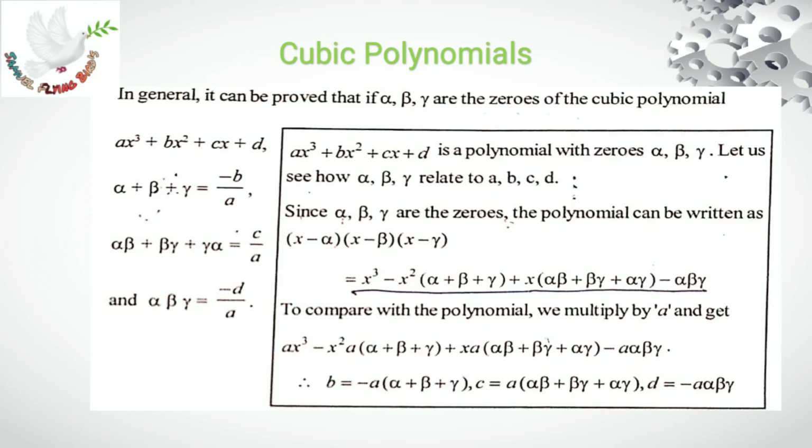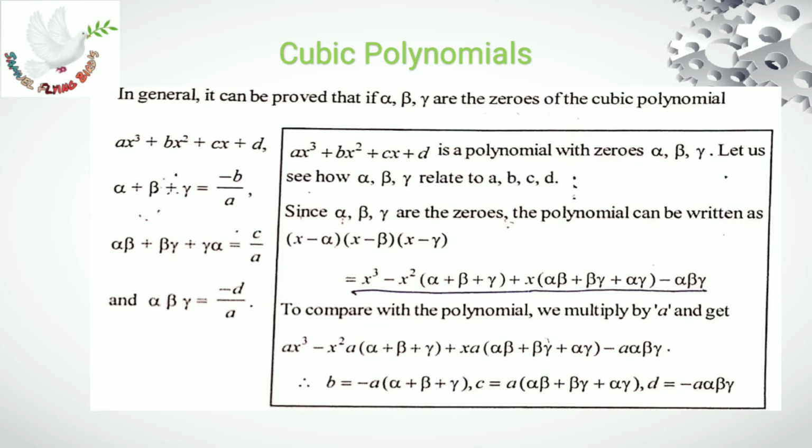Expanding, we get x cube minus x square into alpha plus beta plus gamma plus x into alpha beta plus beta gamma plus gamma alpha minus alpha beta gamma. To compare with the polynomial, we multiply by a and get ax cube minus x square into a into alpha plus beta plus gamma plus x into a into alpha beta plus beta gamma plus gamma alpha minus a into alpha beta gamma.